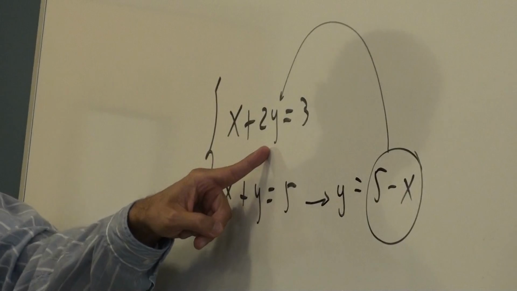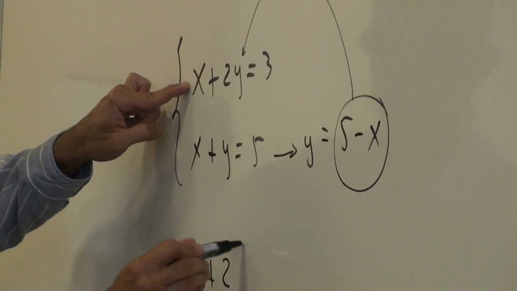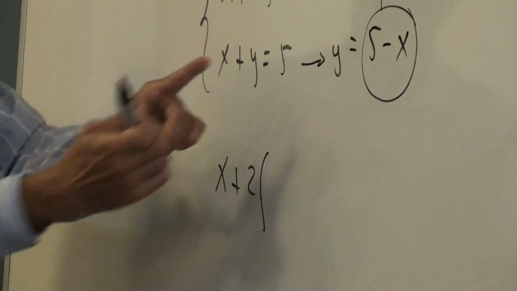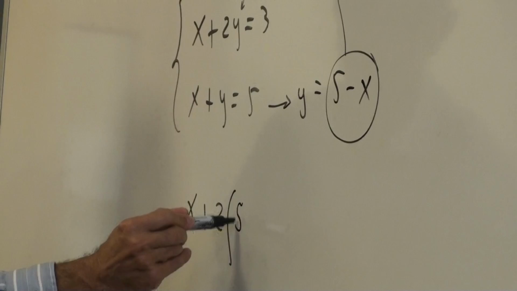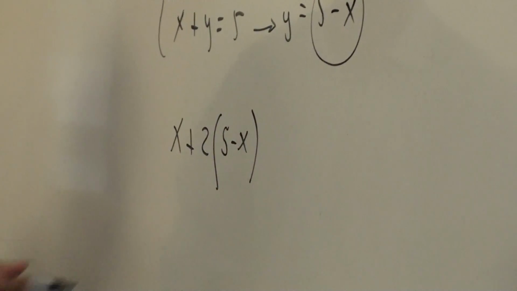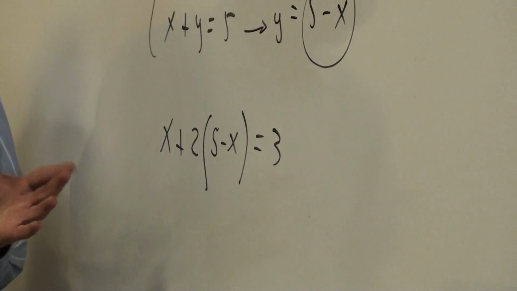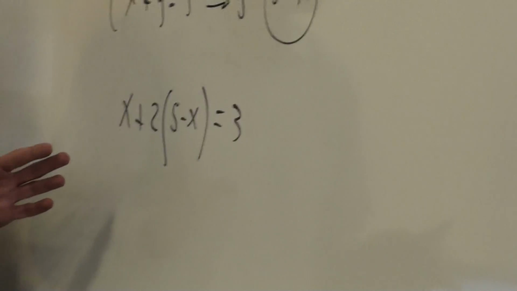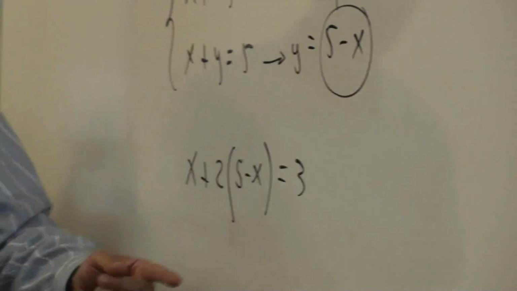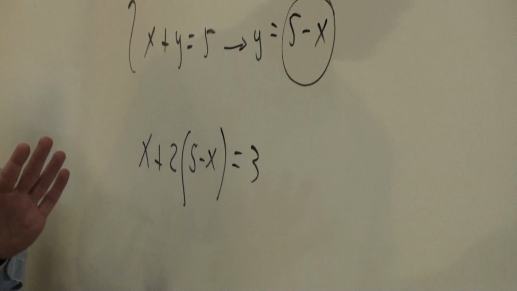So now I'm going to have x plus 2 times y, and y is exactly like this, so I can plug that in here. I have now one equation with one variable, and I can find the value of x. That's the whole purpose. Once I find the value of x, I plug it in here, and I find the value of y. Is that clear?